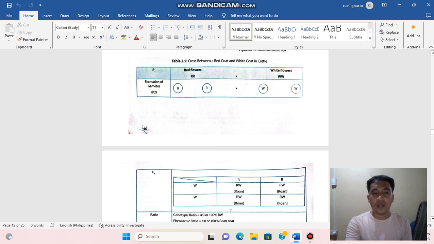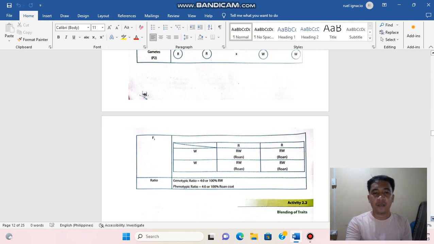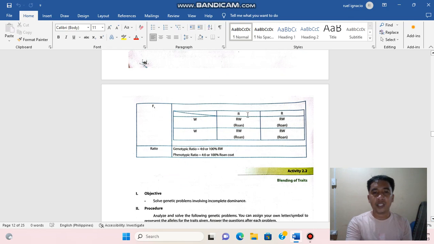So this is the crossing over of the first filial generation, by which R is paired up or crossed with W, the result is RW, RW, RW, RW. So in codominance, meaning to say, both colors are visible on the coat or the skin of the cattle. It does not blend into pink, but red and white are visible on the phenotype of the animal or the cow.